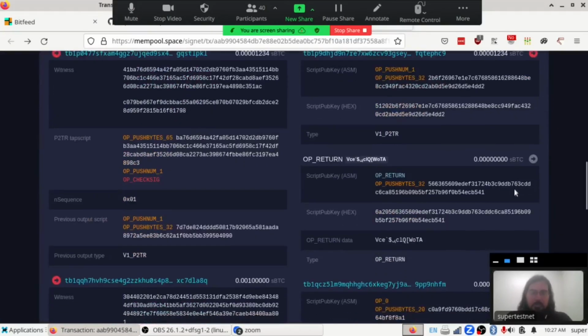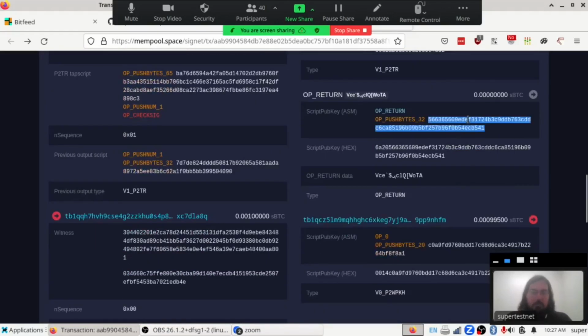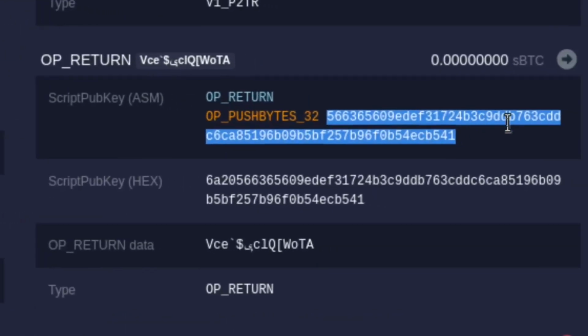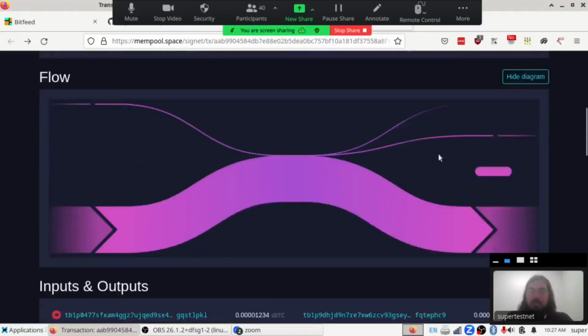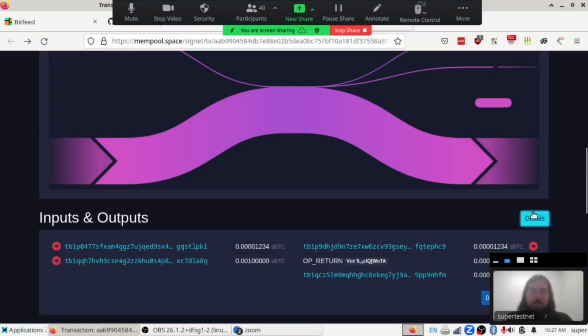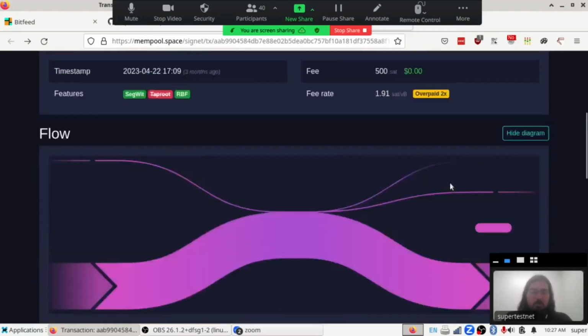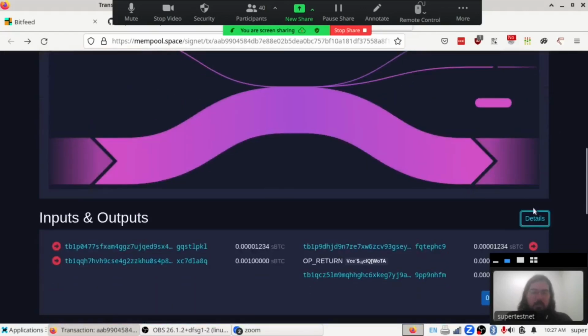Let's take a look at that op return. The op return is just a 32 byte string right there. So that is the hash of the block of the sidechain that somebody put into Bitcoin. And you can make a linked list out of these things by just repeatedly using the same Bitcoin address to do this. So let's see.